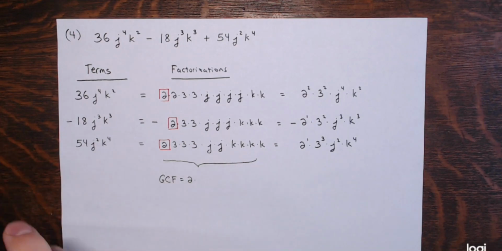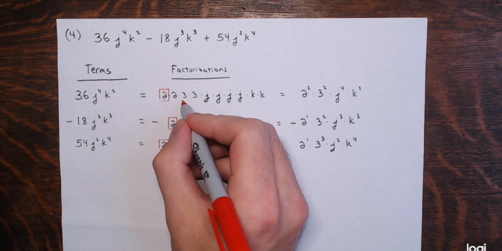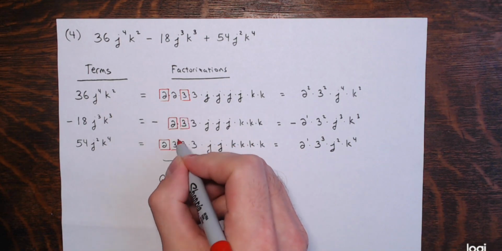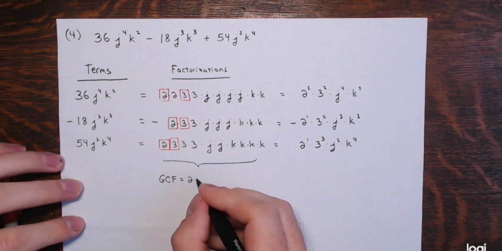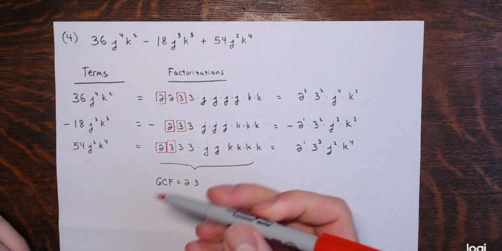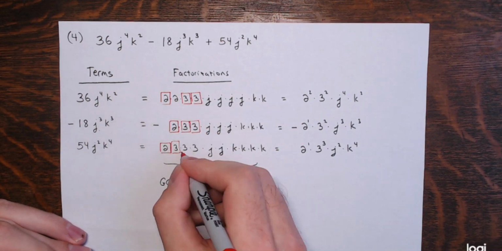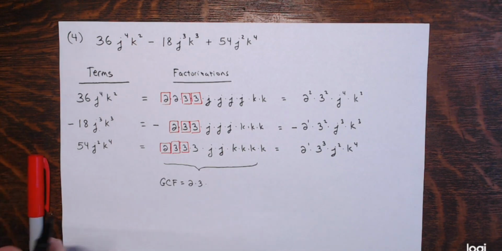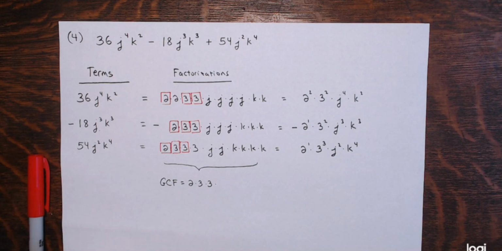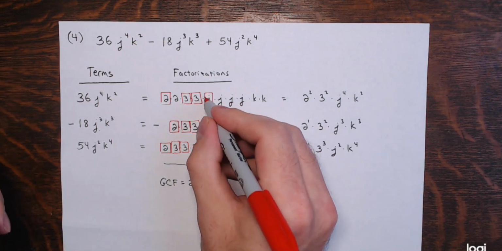They don't all share another 2, but they all share a 3. There's a factor of 3, a factor of 3, and a factor of 3. So there's a factor of 3 in the greatest common factor. They all share another factor of 3 as well, right? There's a 3 here, and here, and here. So they share 2 factors of 3. 2 times 3 times 3 in the greatest common factor. And that's it for the numbers, and then they all share a factor of j.